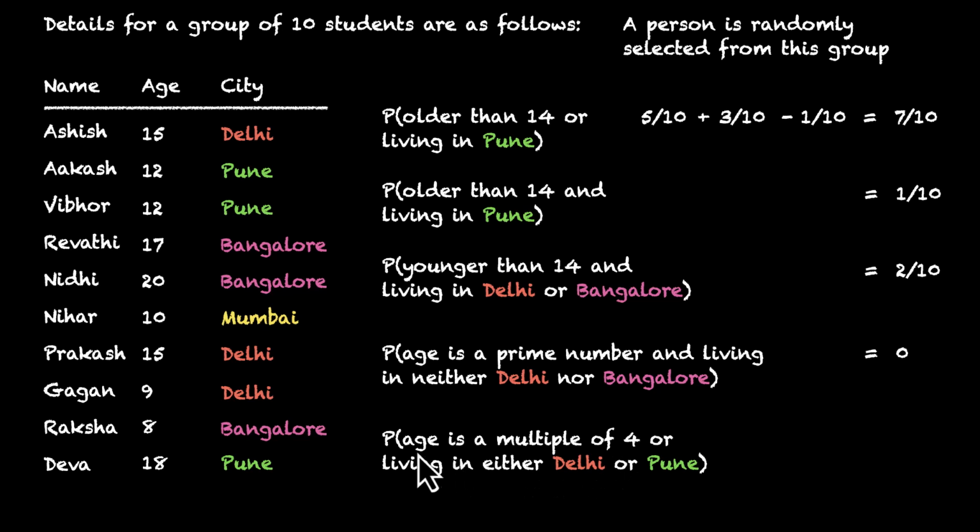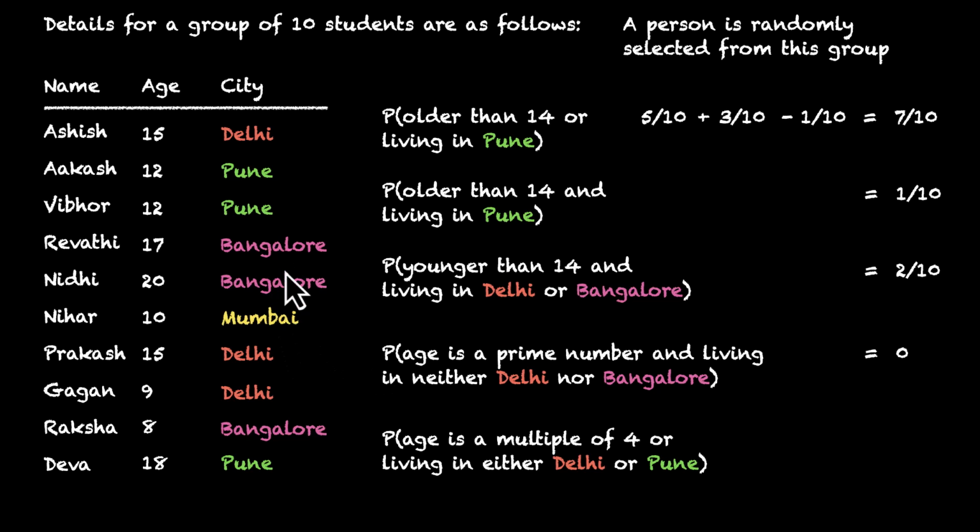Last one, probability age is a multiple of 4 or living in either Delhi or Pune. So either of these conditions work. So we'll pick the ones that are in Delhi or Pune, and from the remaining ones, we'll pick the ones whose age is a multiple of 4. So how many in Delhi? 1, 2, and 3. How many in Pune? 1, 2, and 3. 3 plus 3 is 6. Remaining ones are in Bangalore or Mumbai.